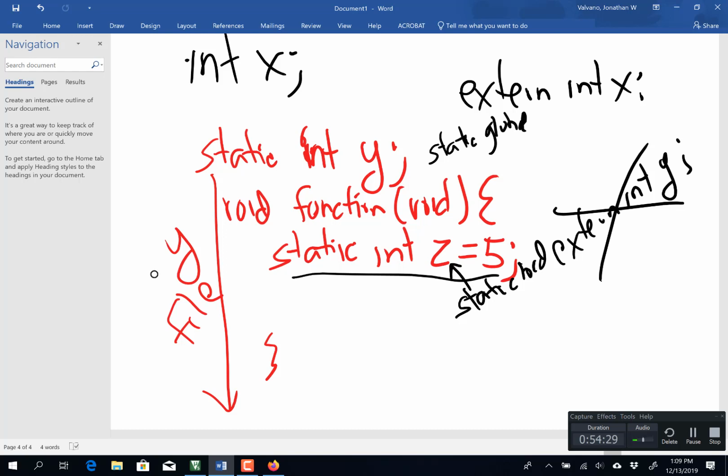So, for instance, what if I did this? Static uint32_t c = 0, and I go c++ each time the function is involved. Okay, what is c going to mean?